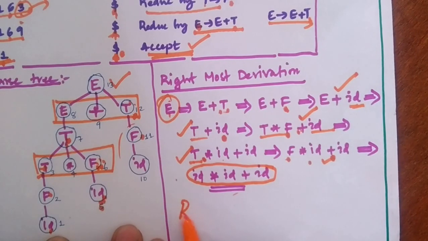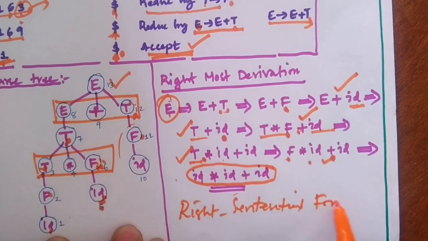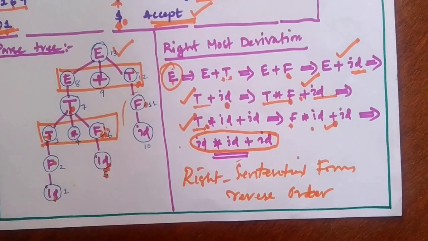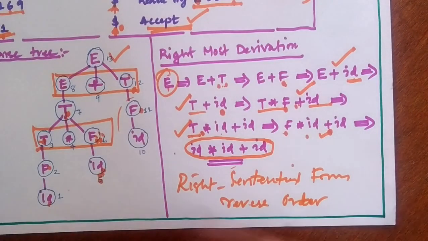So this is called right sentential form generation in reverse order. That is what an SLR parser is doing. Not only the SLR parser, every LR parser is doing this.